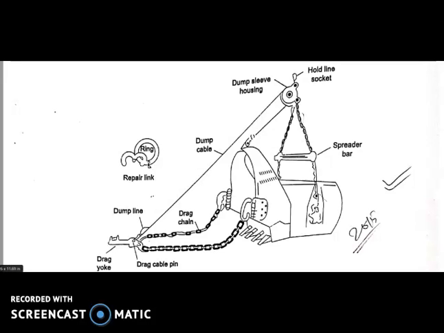The bucket is usually a rectangular section component with an opening on one side at the top. The bucket is attached to the dragline boom by means of the hoist cable at its rear end, while the front part is attached to the drag cable.